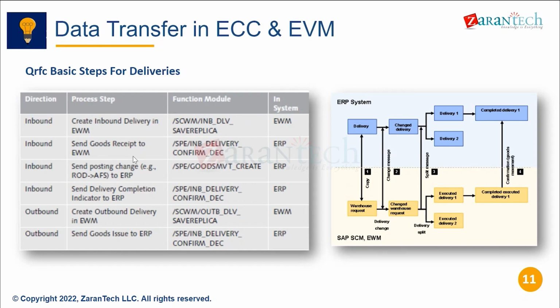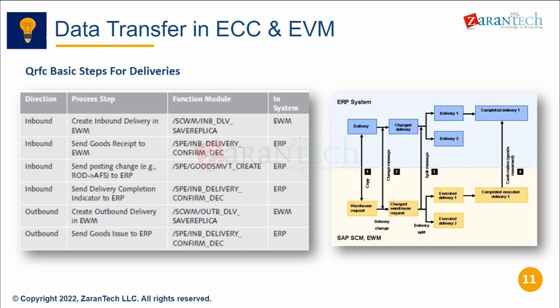Now you can see send goods receipt to the EWM. This function module will be used to confirm your goods receipt to the EWM, to do the posting change, as I was saying. As soon as your stock is received in the GR zone, that has to be updated in the ERP system, that stock is received in the received on dock storage location, because we are creating two storage locations for EWM managed storage plants.